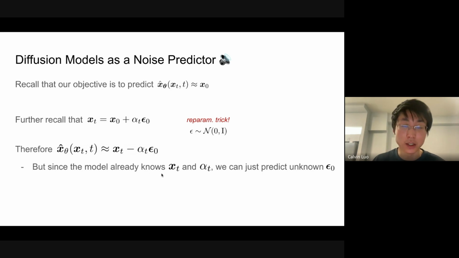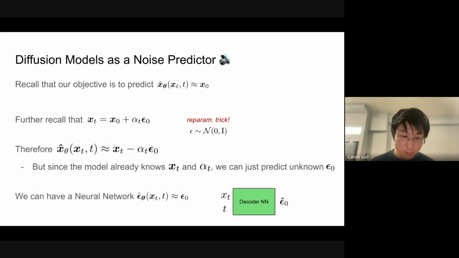But since the model already knows xt, which is passed in as input, and alpha t is also known because it's just a known parameter that we can set, then really, when we rearrange in this way, our objective becomes trying to predict an unknown epsilon 0. And so equivalently, we can have a neural network that's trying to predict source noise epsilon 0. It still takes in the noisy image xt as well as the time step t, but it tries to predict the source noise epsilon 0 that was used to generate xt.